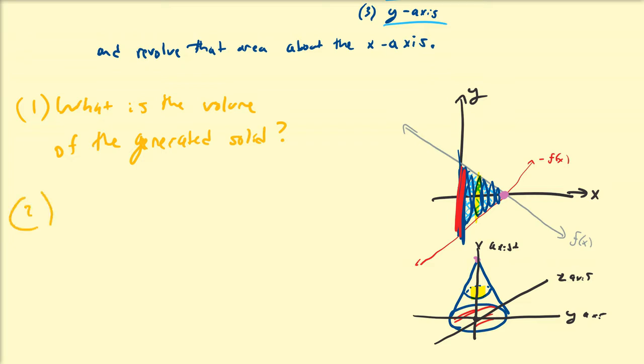And the second question is, what is the surface area of the generated solid? This can be applied to some basic engineering problems or architectural design types of applications. So how can we answer these two questions with calculus?